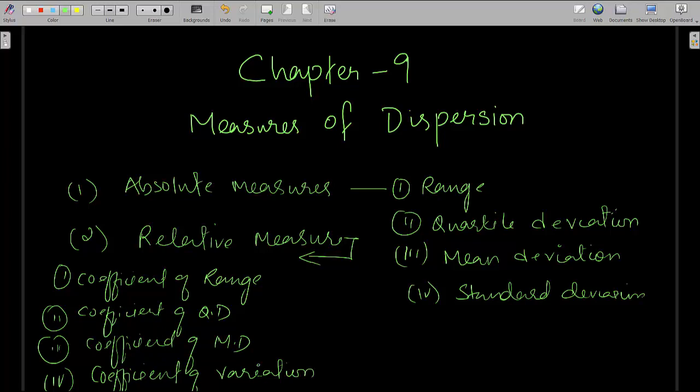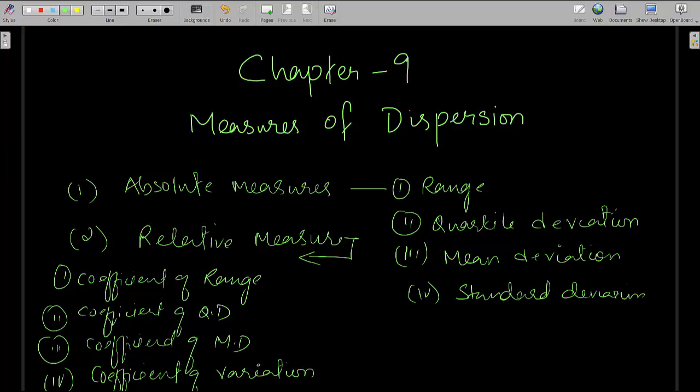Okay, so here, one by one, we will be studying. If we're studying range, absolute measures, we'll also be studying the coefficient of range. When we study quartile deviation, we'll study coefficient of quartile deviation as well. Mean deviation, coefficient of mean deviation, standard deviation, and coefficient of variation.